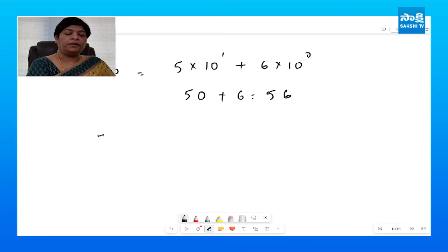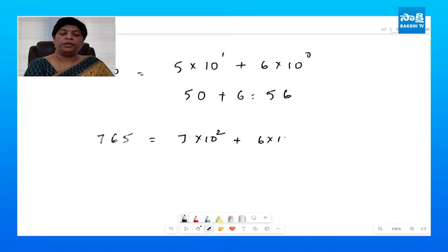Again, 765 is nothing but 7 into 10 to the power of 2 plus 6 into 10 to the power of 1 plus 5 into 10 to the power of 0, which is 7 into 100, 700, plus 6 into 10, 60, plus 5 into 1, 5, making it 765.